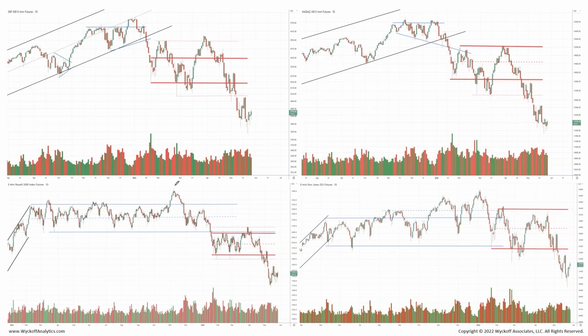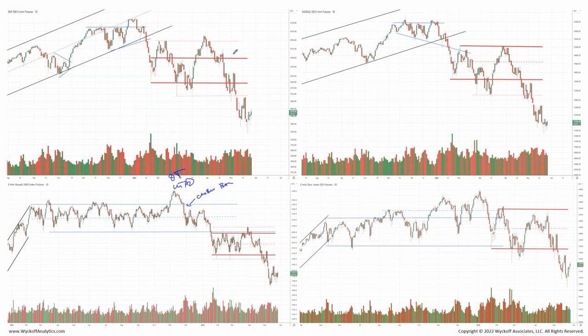Because the whole idea is that you start to get evidence when that's not the case anymore. The only thing I'll point out here, Ramon, is that when you had that throw over in the Russell, which was an upthrust after distribution, and I'd like to point out the upthrust after distribution in the S&P 500, the aftermath of that upthrust and then the test and the failure is exactly the way a UTAD should act.